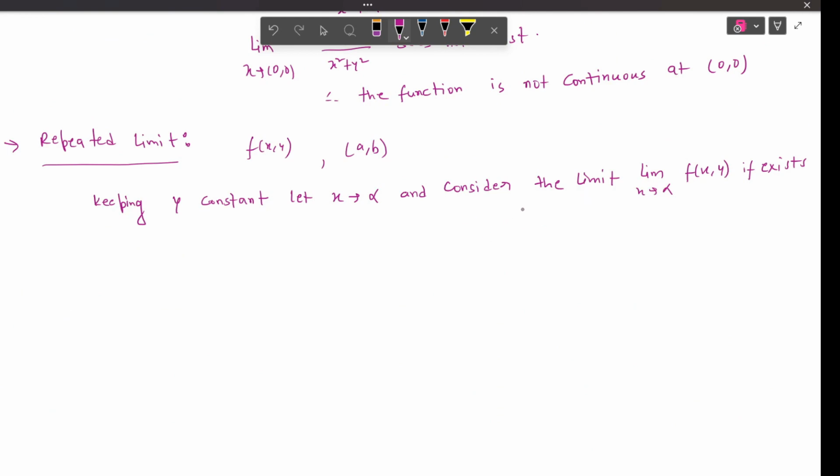This will be a function of y, let us say, because here y is constant, so this will be a function of y, say phi of y.